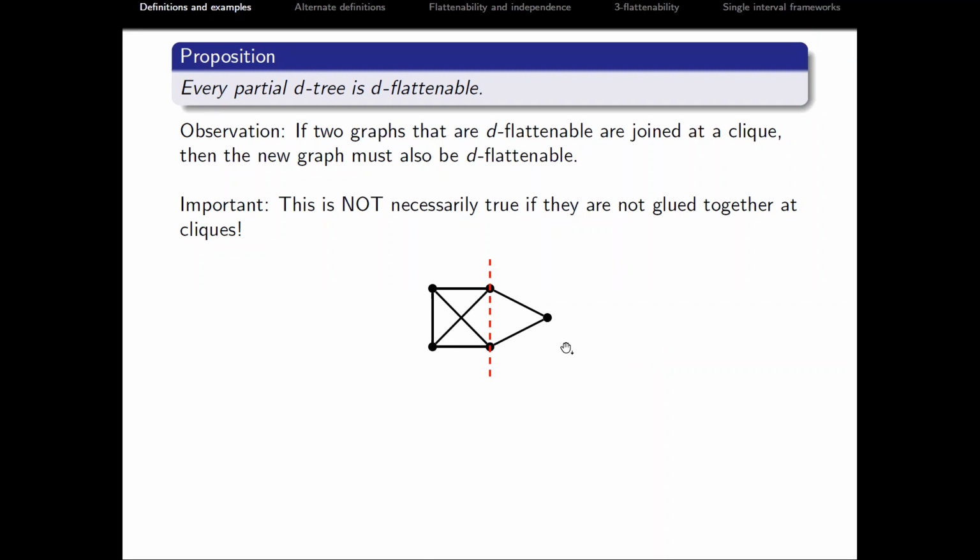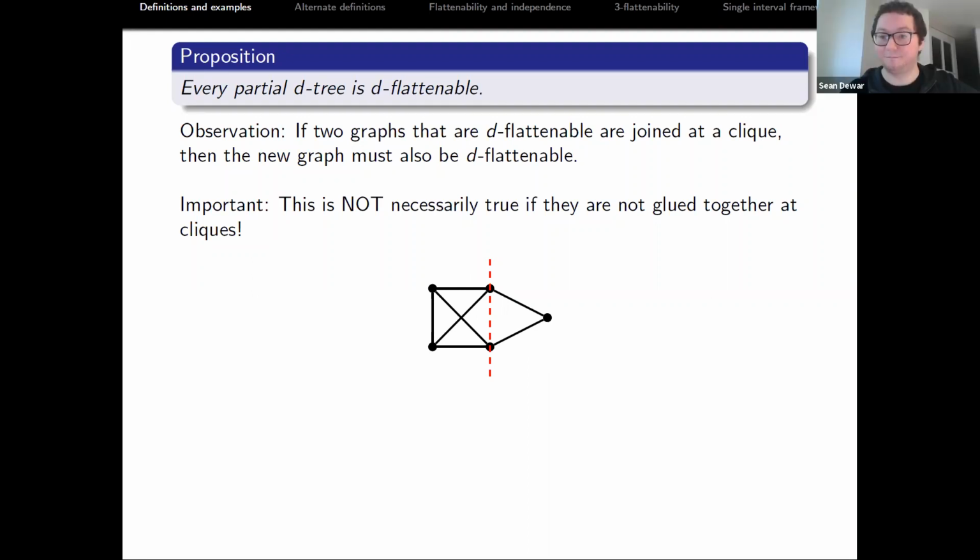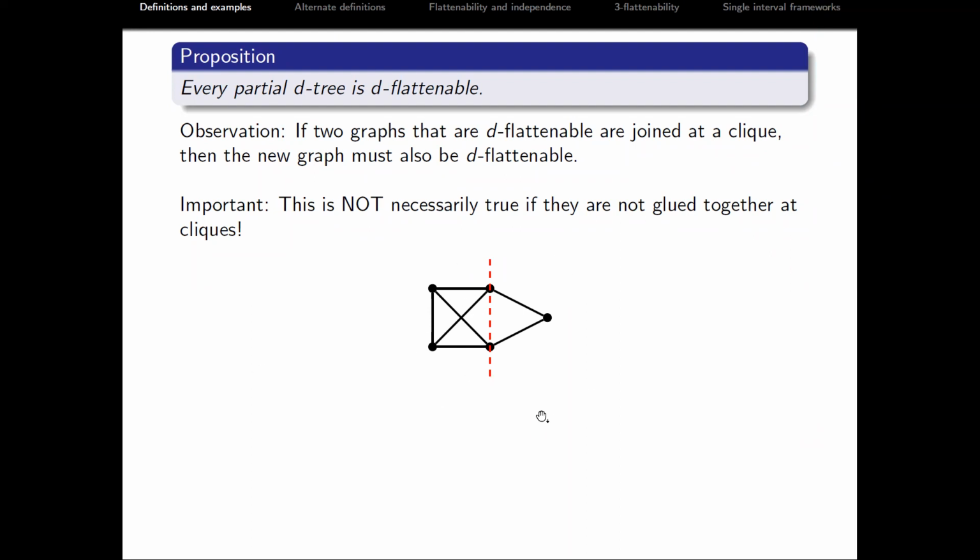And what I've effectively got is a 3D simplex. Now this can't be flattened into 2D because it would look like a K4 where every edge has distance 1, and that's not realizable in the Euclidean plane. So this is not 2-flattenable.